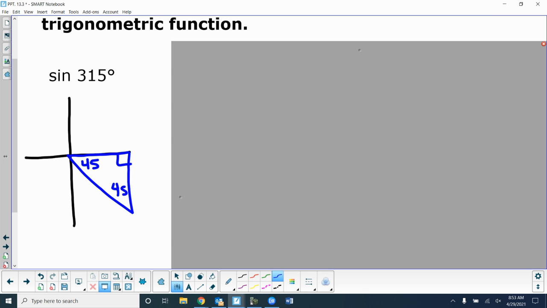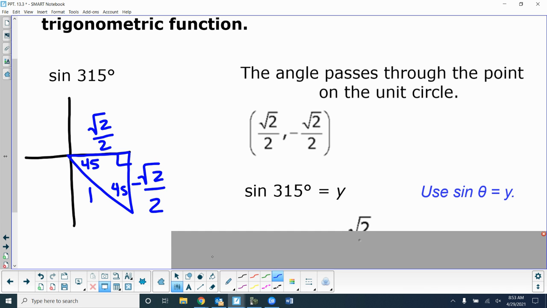Remember, hypotenuse is 1, and dividing by radical 2, and rationalizing. We already did this picture, didn't we? Remember the negative there. Sine, opposite over hypotenuse gives me what? Negative radical 2 over 2, right?